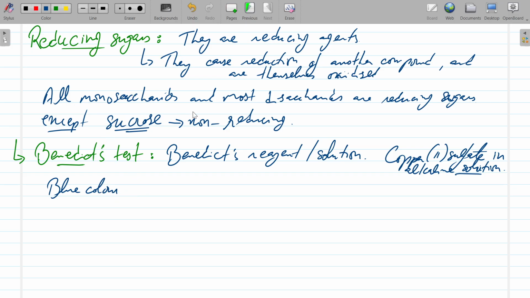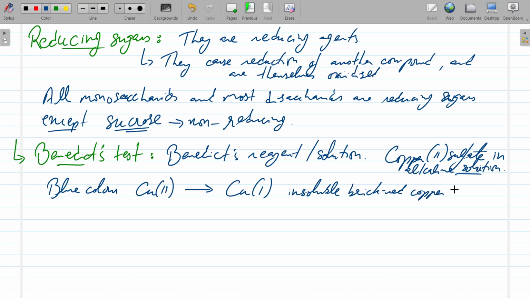What happens is when you add something that is a reducing sugar, so either monosaccharide or disaccharide, except for sucrose, the copper, so Cu is the symbol, copper 2 is reduced to copper 1, and you see a color change. What you see is that you start getting an insoluble brick red copper 1 oxide.